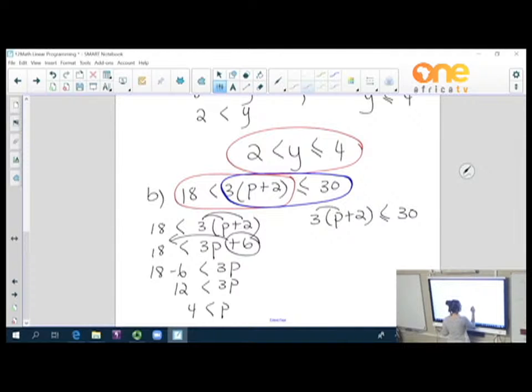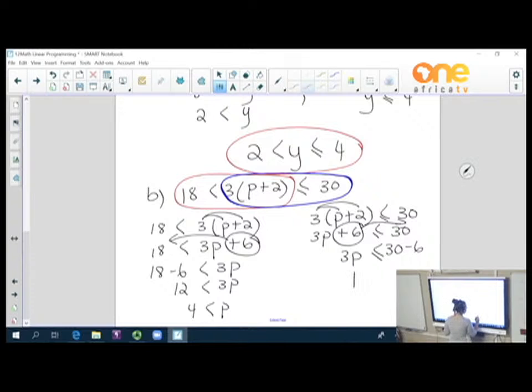The second inequality, also multiplying out your brackets, 3p plus 6 is less than or equal to 30. Like terms to one side, so that we are left with 3p. If the positive 6 is taken over, it becomes a negative 6.